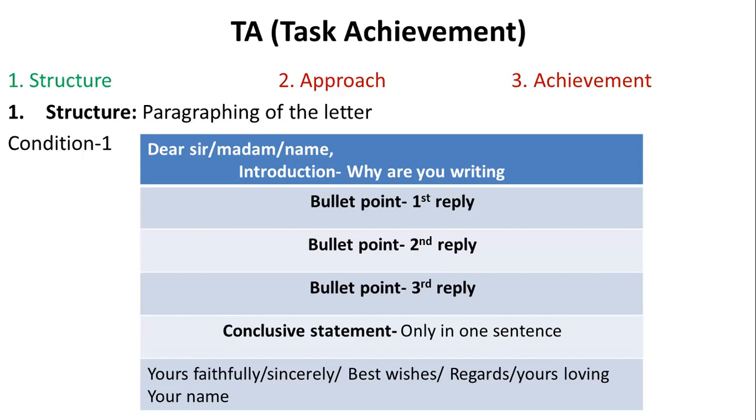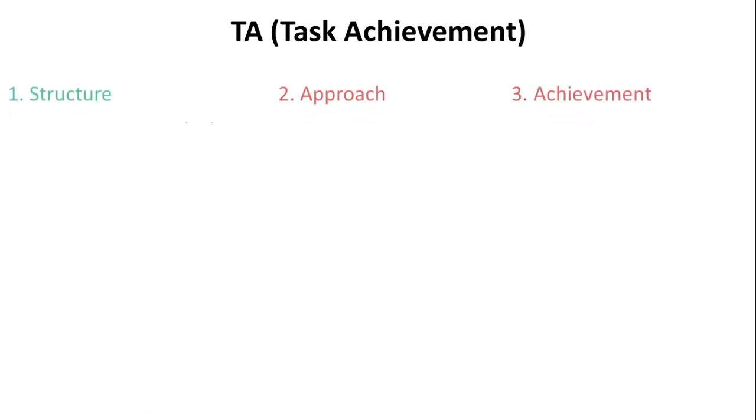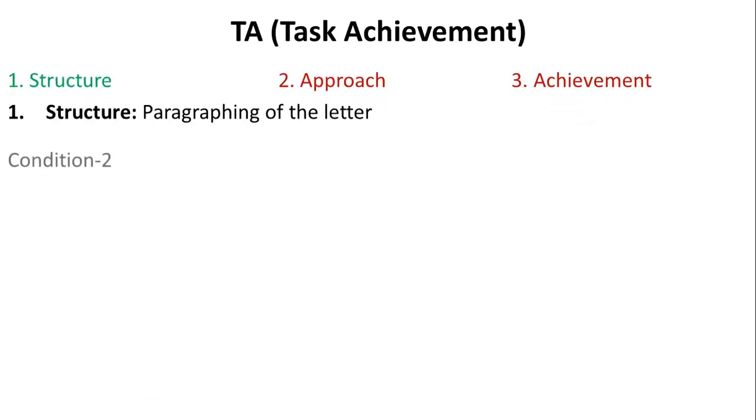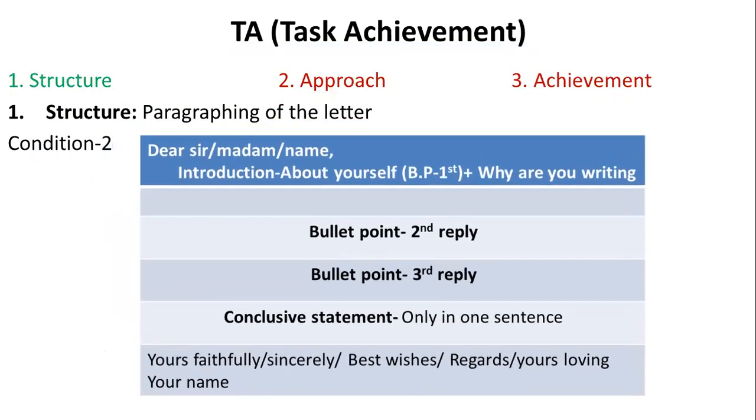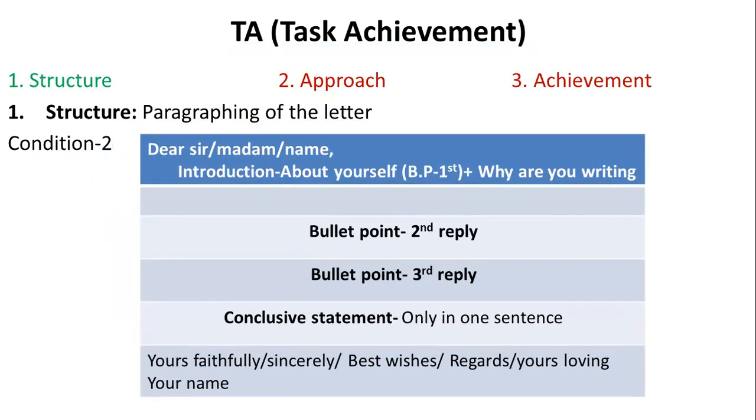But on the other hand, condition second, if your bullet point 1 is a question like introduce yourself, or where are you living, a question that can be answered in one or two sentences, in that situation we can add the answer to bullet point one into the introduction paragraph.